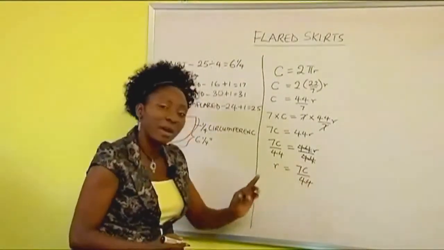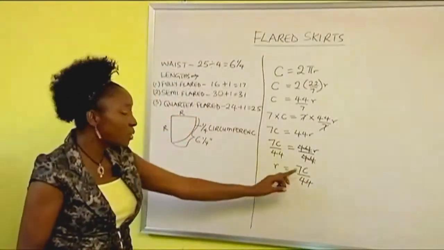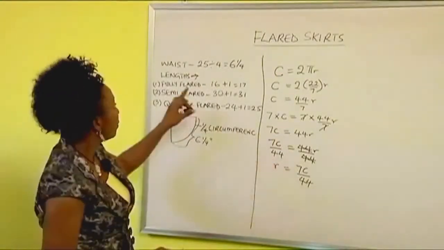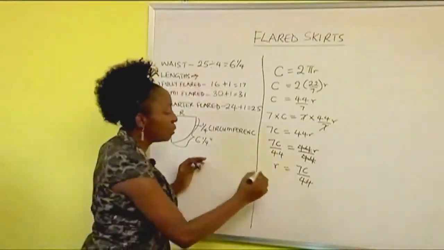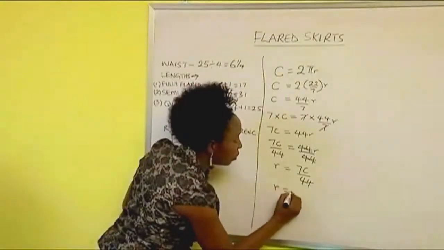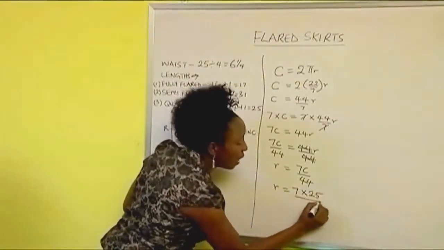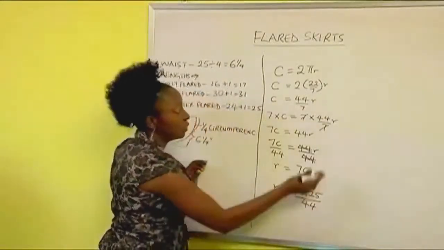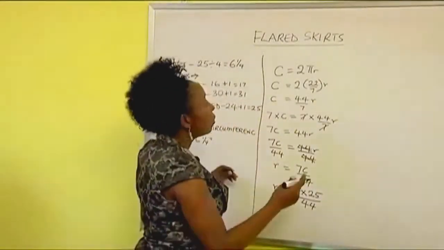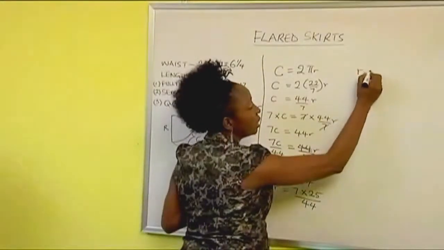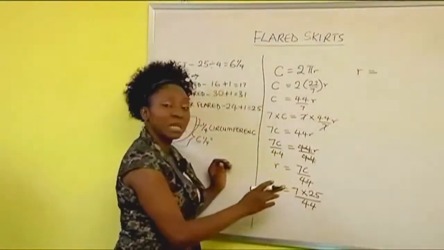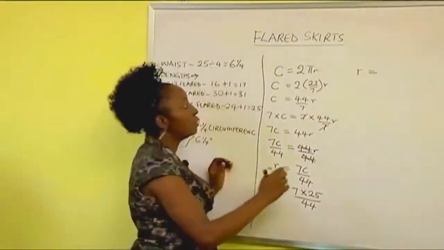Now, once we've done this, we already know that this is r. So now I know my C. All I have to do is substitute C with my measurement, which is 25 inches. So that will give me r equals 7 times 25 divided by 44. If we calculate 7 times 25, you get 175.